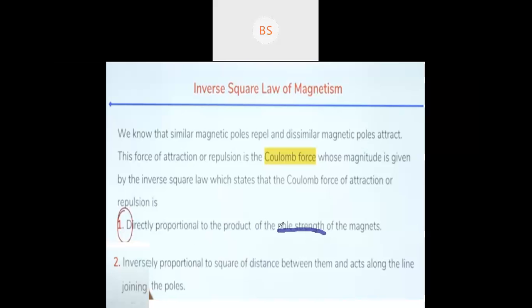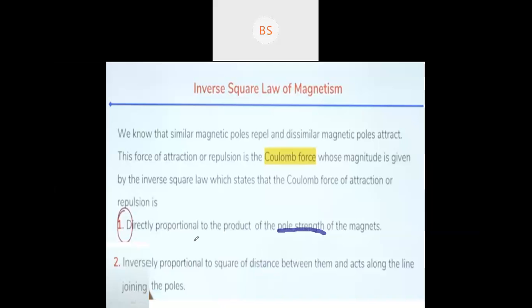Directly proportional to the product of the pole strengths of the magnets. Pole strength means it is the ability of a pole to get attracted or repelled by another pole. That is what is meant by pole strength. Clear about this? So the first point is that the force is directly proportional to the product of pole strengths of the magnets.